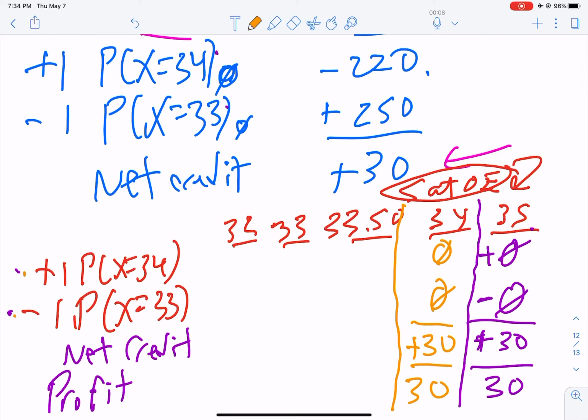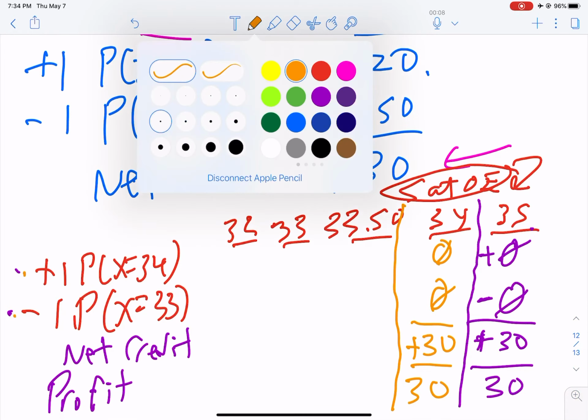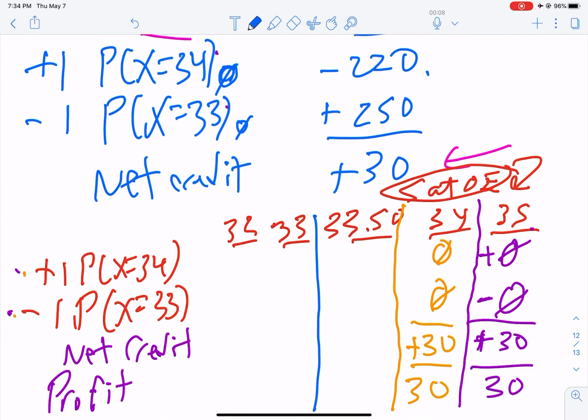What about 33.50? 33.50 is interesting. We'll do that one in blue. If the stock price is 33.50 at option expiration, this 33 strike put, the right to sell at 33, is worthless, so I put a 0 there. I don't have to buy to close. But the one that I own, the right to sell at 34, if the stock price is 33.50, is worth 50 cents a share, or $50 in total.